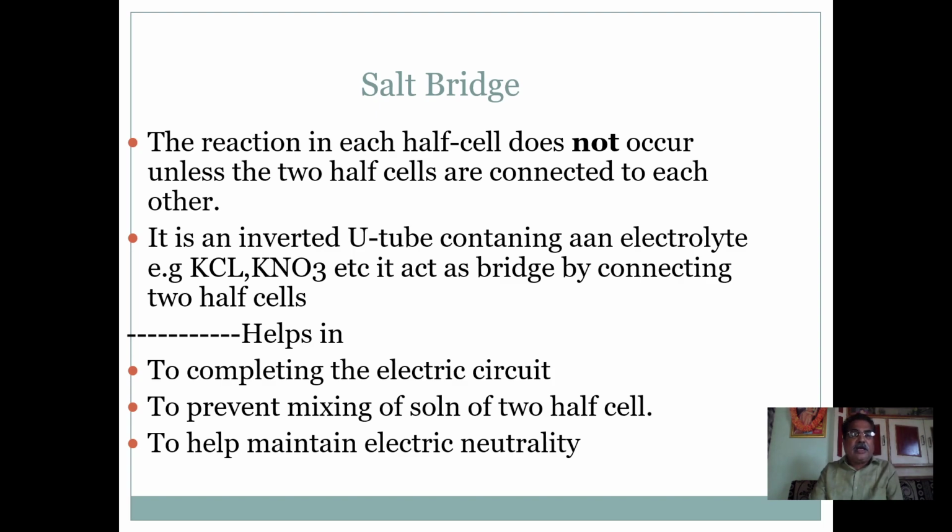The salt bridge is an inverted U-shaped glass tube containing an electrolyte, for example potassium chloride, potassium nitrate, etc. It acts as a bridge connecting the two half cells. The salt bridge helps in completing the electric circuit, prevents the mixing of the two half cells, and helps maintain electric neutrality.